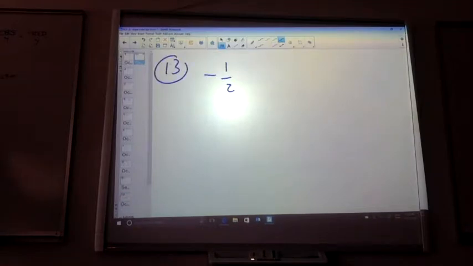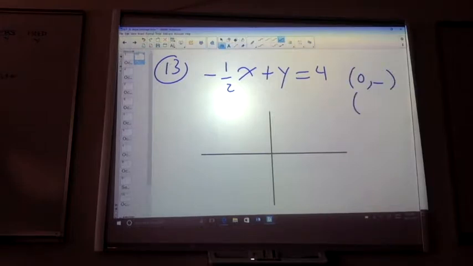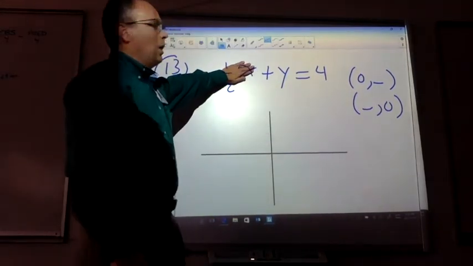negative 1/2 x plus y equals 4. So 0 comma blank, blank comma 0. So if I have the 0 in this x position, that means that's 0, so y is equal to 4.